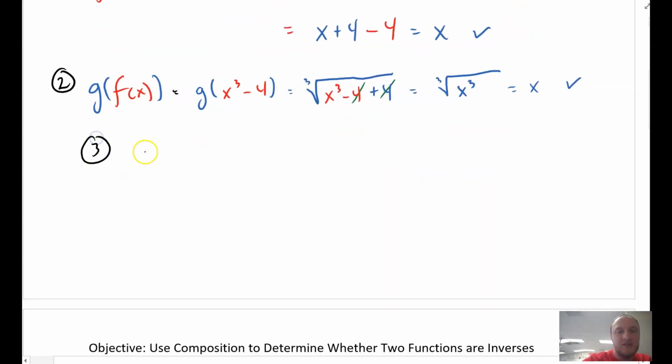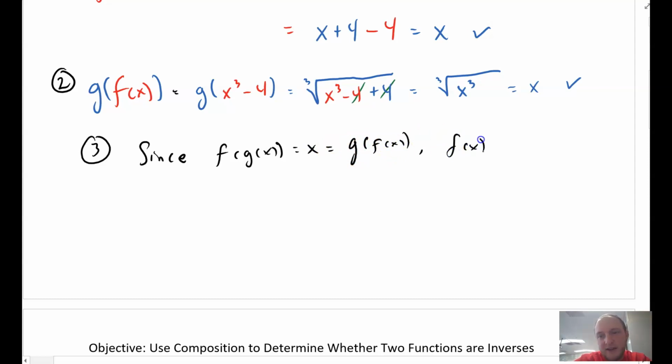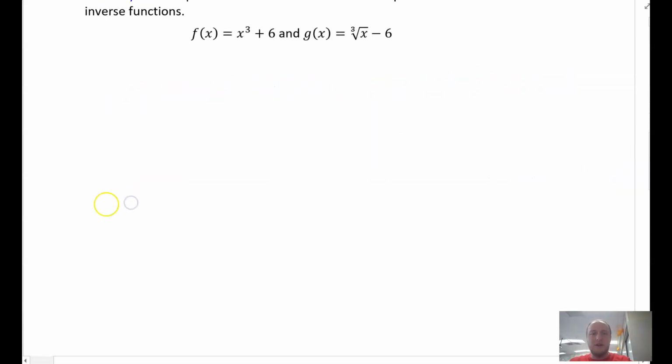Well, our conclusion is that since f of g of x is equal to x, which is equal to g of f of x, f of x and g of x are inverse functions.